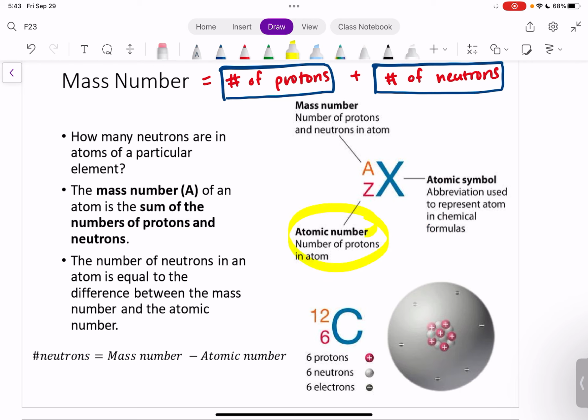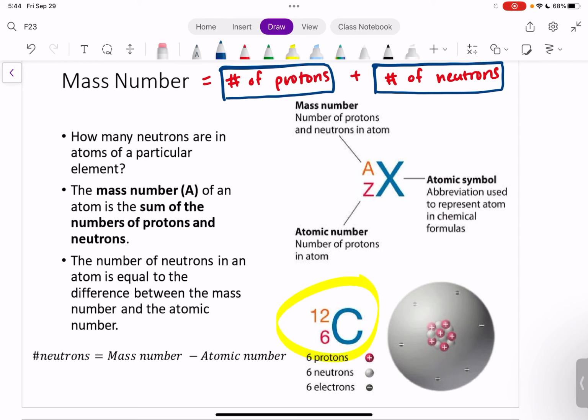Over here on the left and kind of down is the atomic number. So how many protons are in the atom? What's the atomic number of that atom or that element? And then up here is the mass number, and that's the number of protons plus the number of neutrons in an atom.